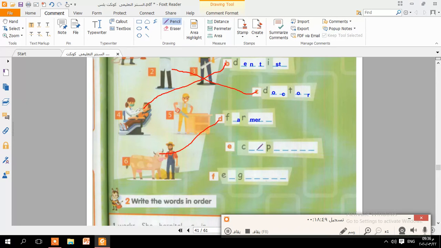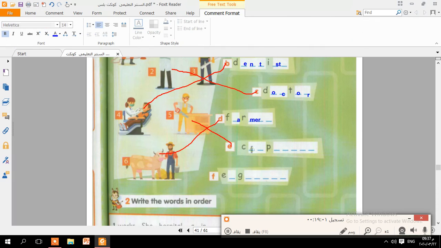Letter E. It's a carpenter. We should match letter E with number 5. And we will complete the word carpenter. C-A, car, pen, carpenter. Letter F. He is an engineer.